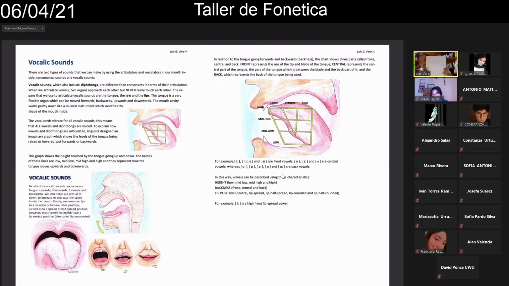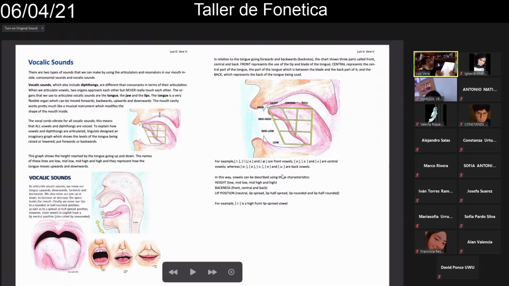The hard palate is that part up to here. Can you see it? That's the hard palate. Then comes the soft palate. It's obvious because this part is hard and this is soft.